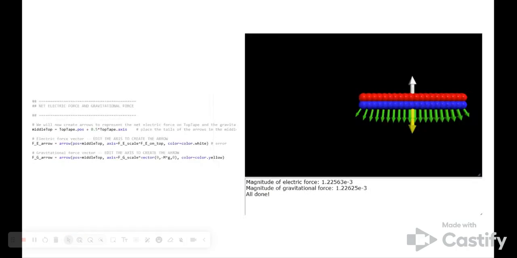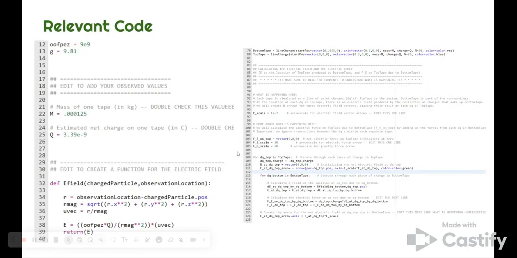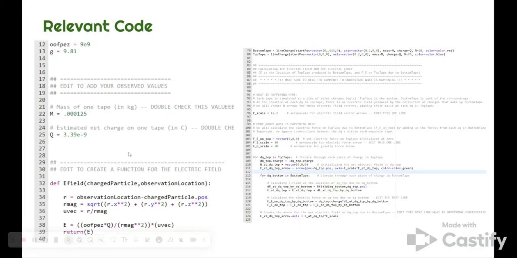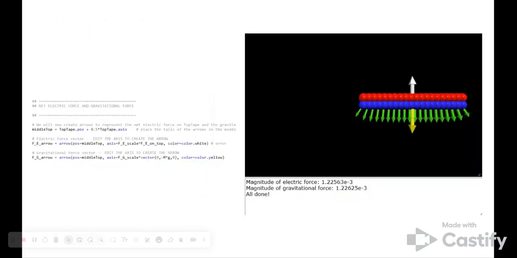This code has you iterate manually, switching the value of Q, so that in the end, when you're outputting this, the magnitude of the electric field has to be equal to the magnitude of the gravitational force. You can see that I got pretty close there with 3.3 times 10 to the negative 9 as the Q. So that ended up being our final answer.